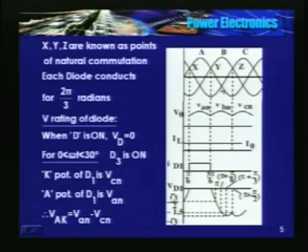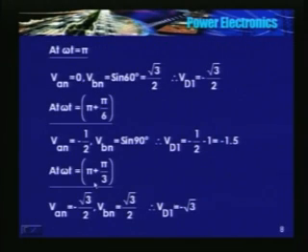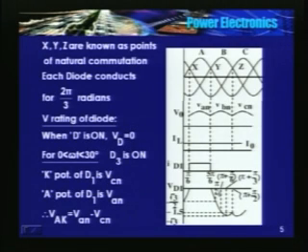So sine 210 minus sine 90. Sine 210 is nothing but minus half, sine 90 is 1, so minus 1.5. So see here, at pi it is minus root 3 by 2, at pi plus pi by 6, corresponding to this instant, it is minus 1.5 per unit.